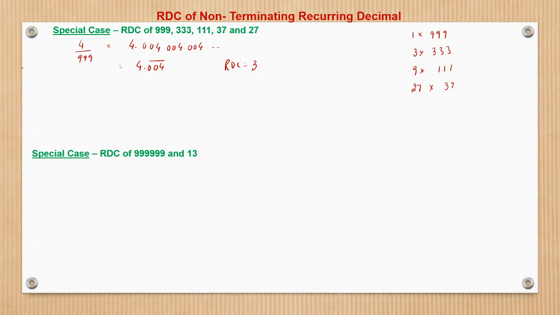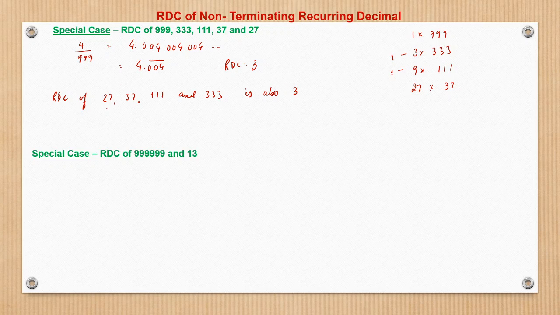Now here we know 3 and 9 have RDC of 1, right? So 27, 37, 111 and 333, all these numbers have RDC of 3, because they are factors of 999.